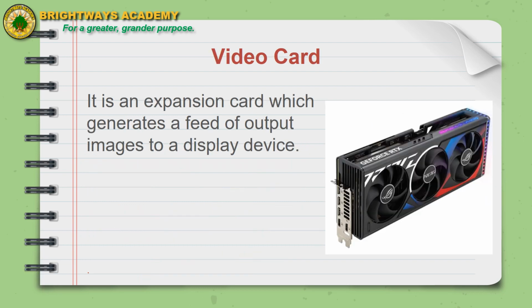And the next is the video card. A video card, also called a graphics card, display card, graphics adapter, or display adapter, is an expansion card which generates a feed of output images to a display device, such as a computer monitor.